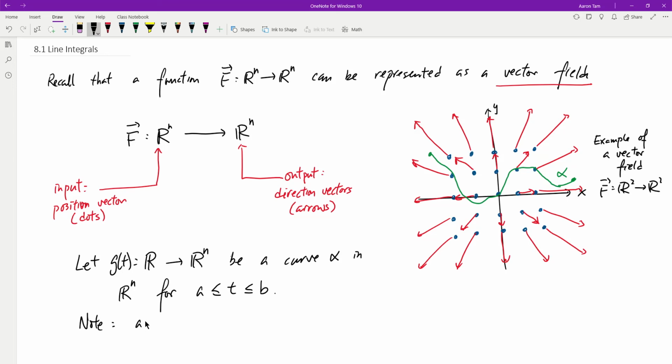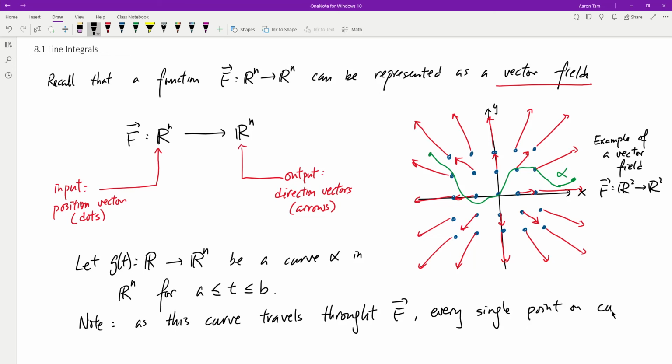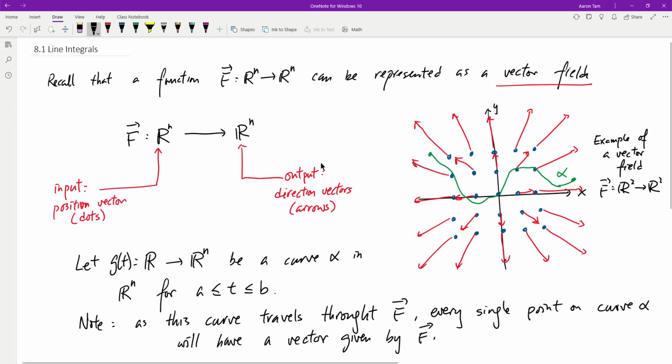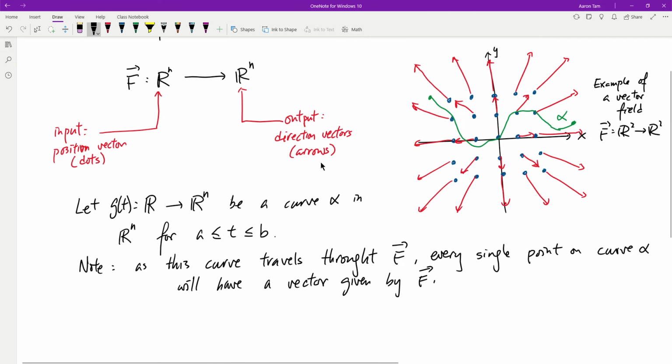Note, as this curve travels through vector F, every single point on curve alpha will have a vector given by F. And what we try to figure out is if there is some way to add them all up.